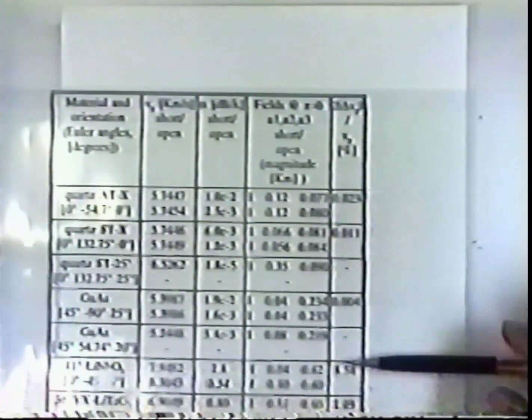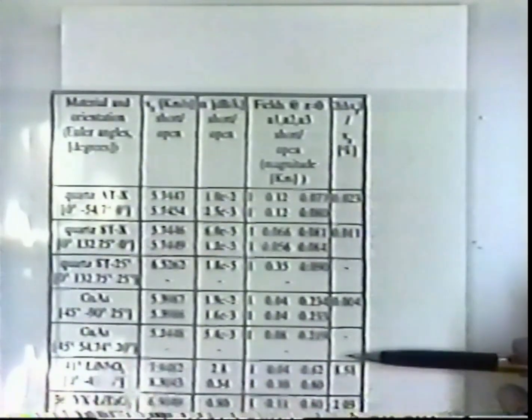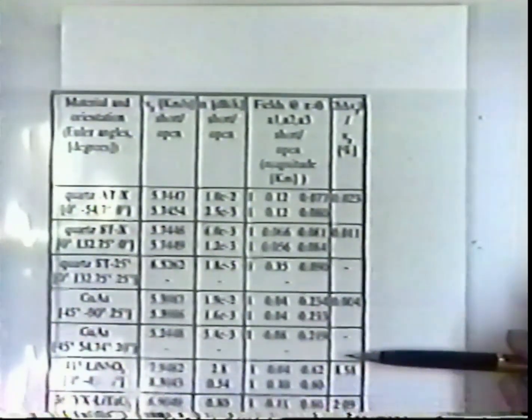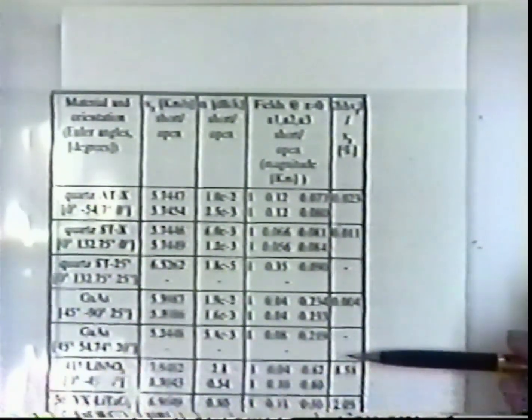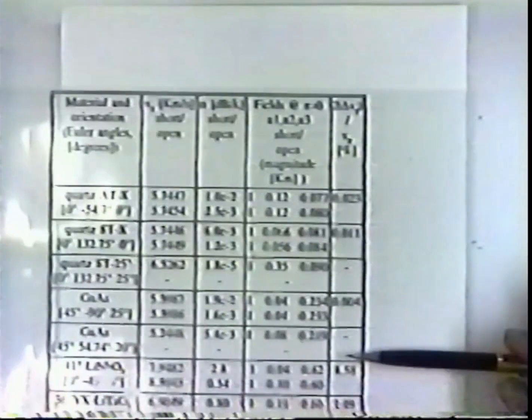There's another one indicated on this particular sheet for some weird cut of gallium arsenide, where there is no solution put in for the open-circuited case. Now, gallium arsenide is a very weak piezoelectric, and we know from experience that with weak piezoelectrics, it is very, very difficult and very important precisely how you satisfy the boundary condition.